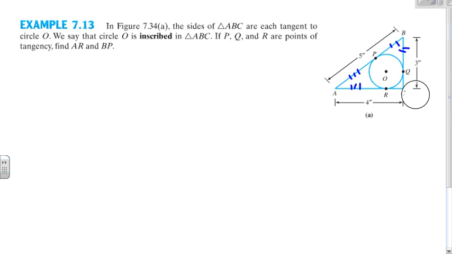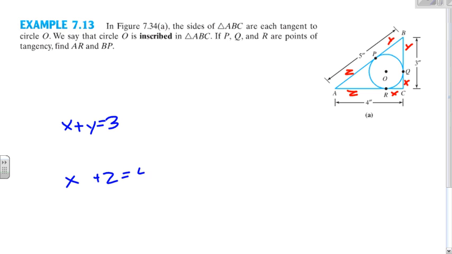So let's pick a letter to use for the lengths: X, Y, and Z. Since we know the total lengths of each side, we know that X plus Y is 3. X plus Z is 4.